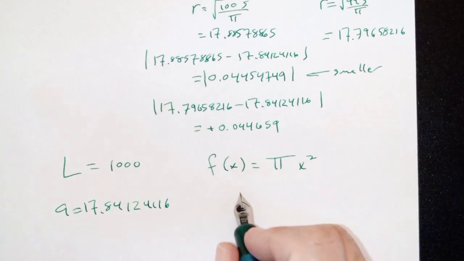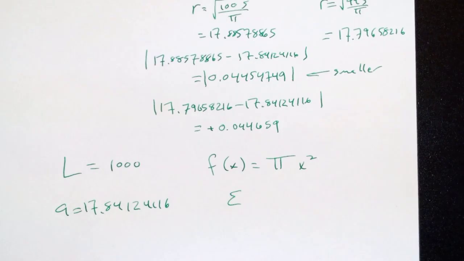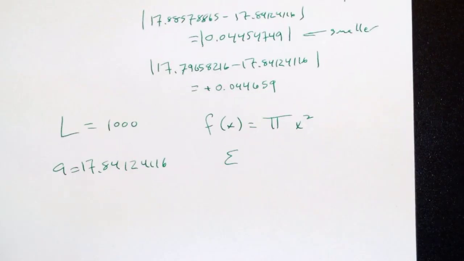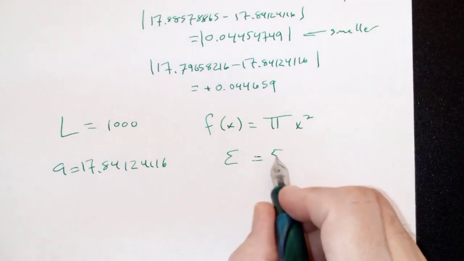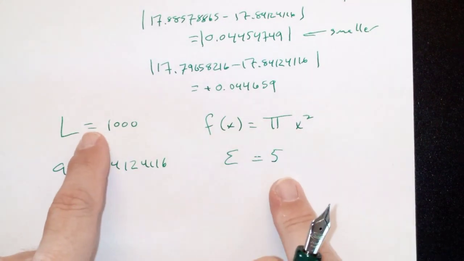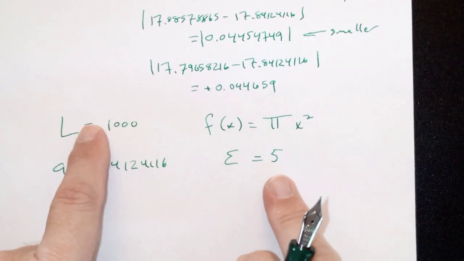What's epsilon? The amount of permissible error in the y value. The 5. I don't care about the plus or minus, I just care about the number. These are in the same unit, square centimeters.